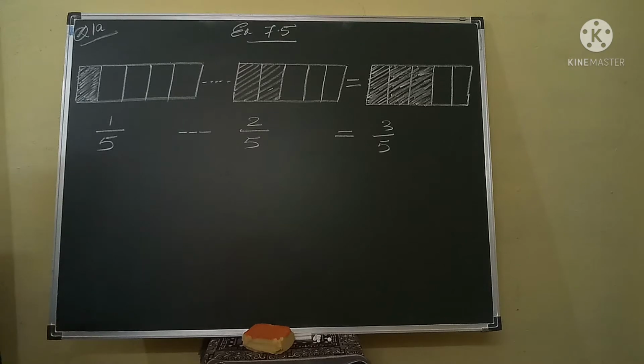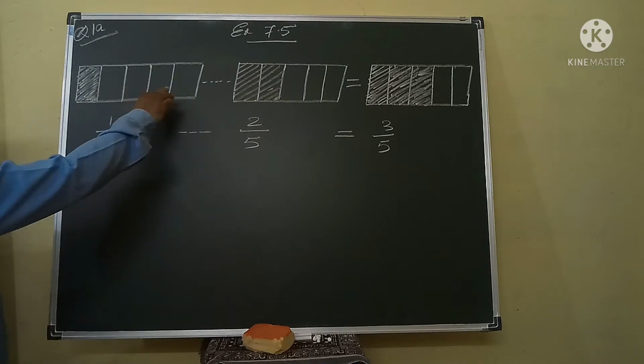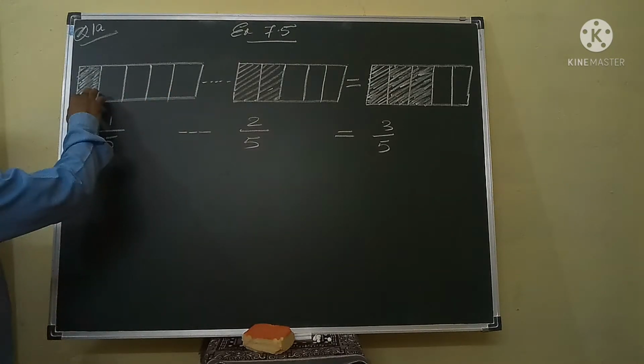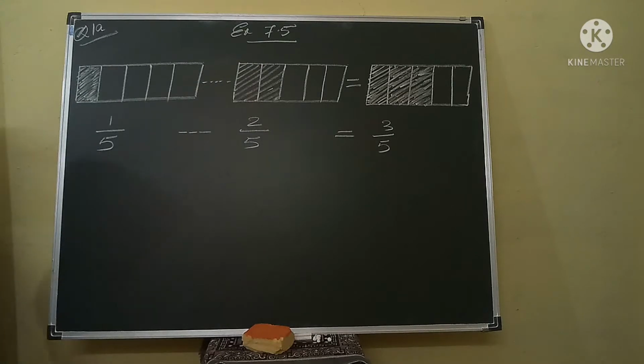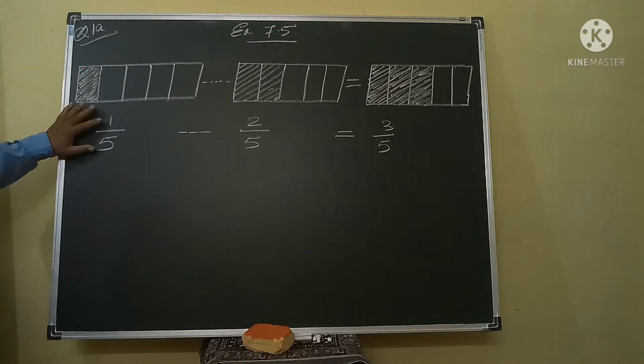Out of these 5 equal parts, only one block is shaded. So the fractional part of the shaded portion is 1 upon 5.